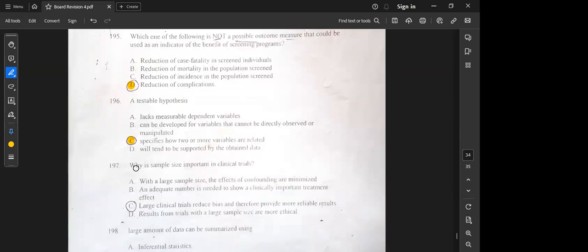If everyone agrees with 195 and 196, then we can move on, because I think they're correct.